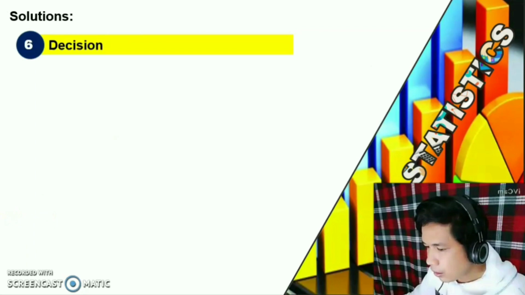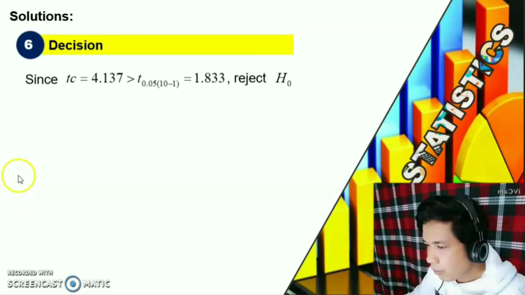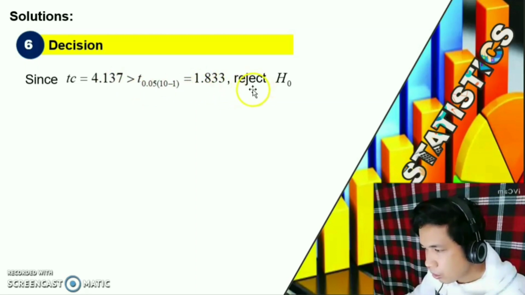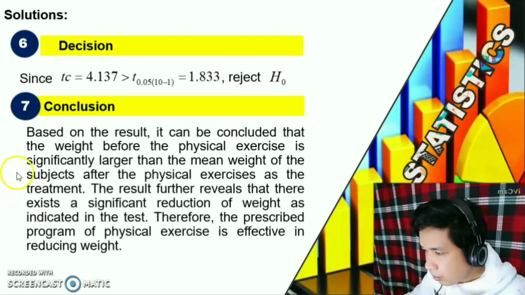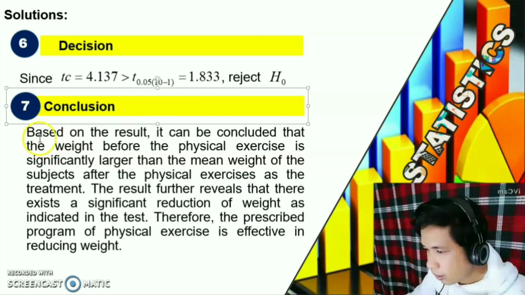Now, on the decision, step number 6, since the test statistic, 4.137, is greater than the critical value, which is 1.833, we reject the null hypothesis. And rejecting the null hypothesis leads to step number 7, our conclusion.